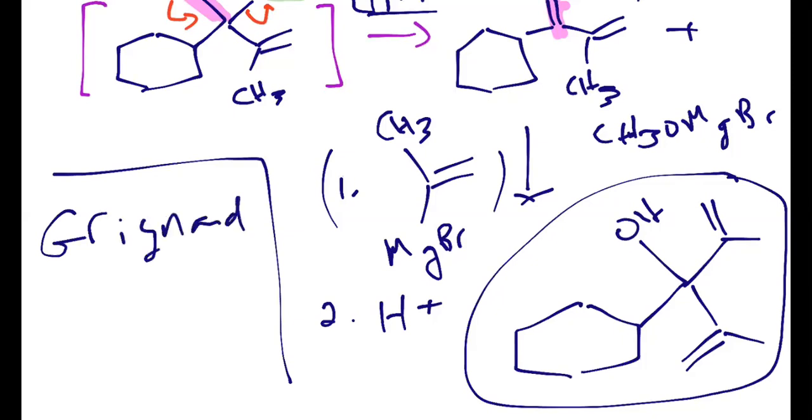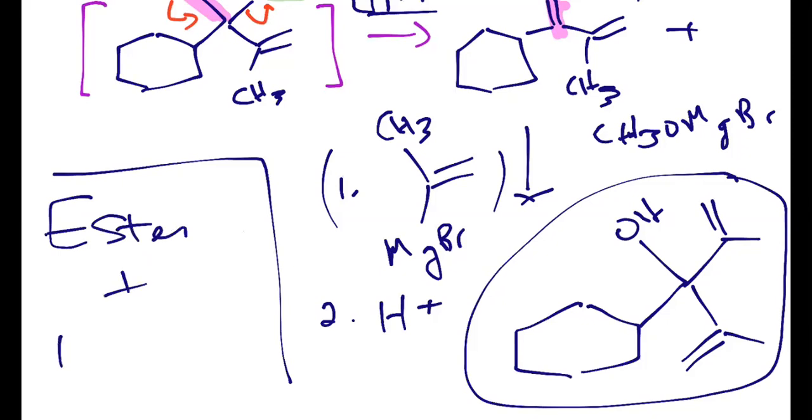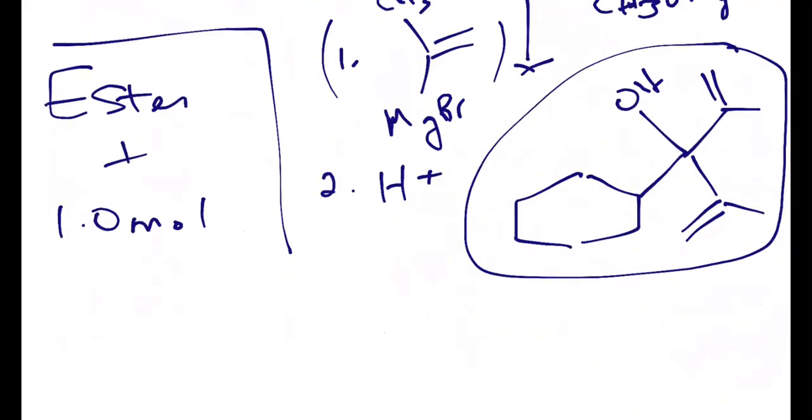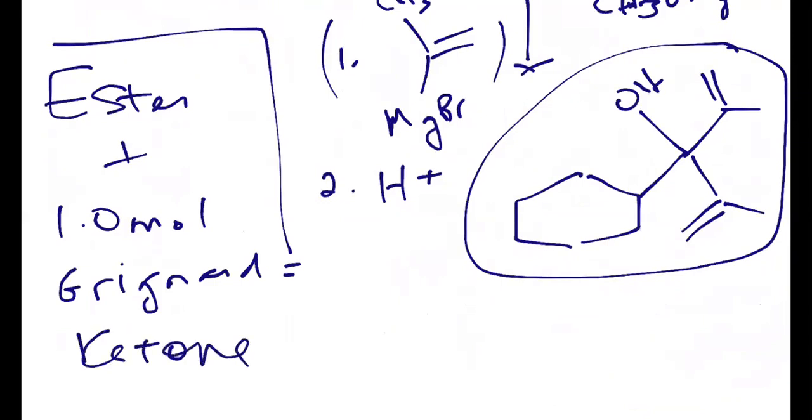But the point is, let me say this a different way. If I have an ester plus 1 mole of Grignard, then I'm going to get a ketone. What if you have 2 moles?